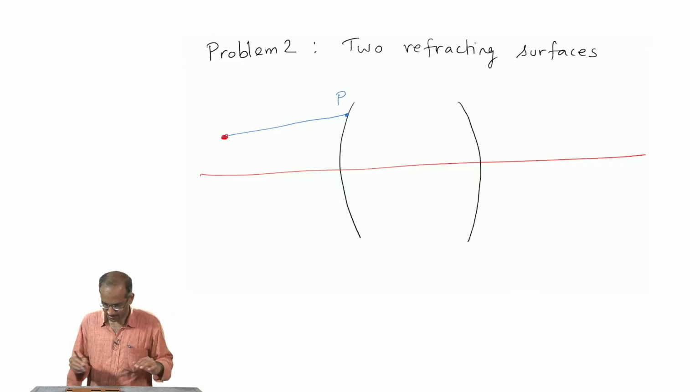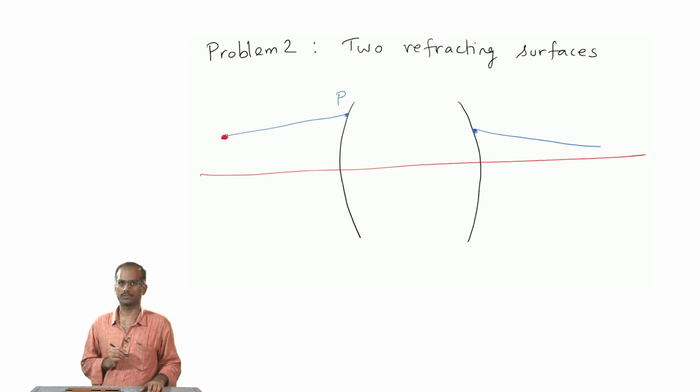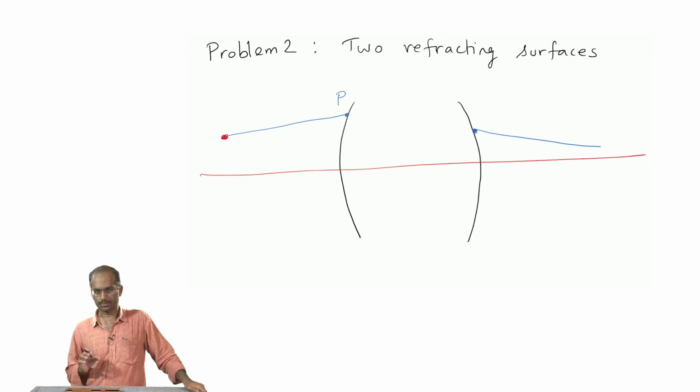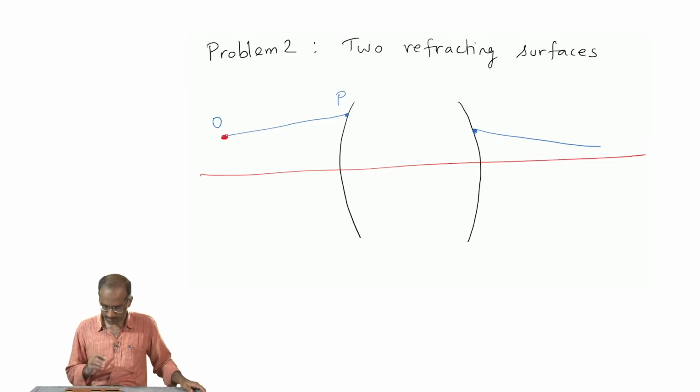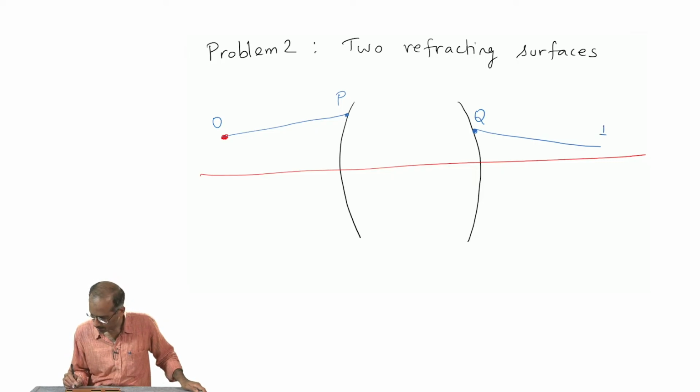But finally, when it finishes with all that, it starts from this point and goes down like this. So, the net effect of whatever is inside this system of two refracting surfaces has given rise to a ray which goes from O to P, and another one which goes from Q to I.